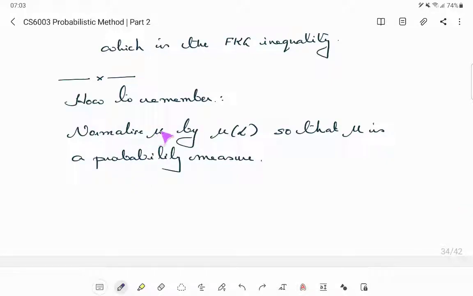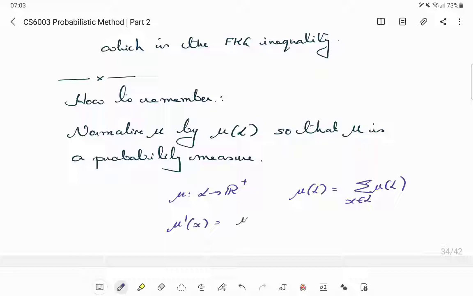We will normalize mu by dividing it by mu of L, so that mu looks like a probability measure. Whatever mu is given to you, what is mu of L? Mu of L is nothing but the sum over x in L of mu of x, right? And then I'll define mu prime of any x to be mu of x divided by mu of L.